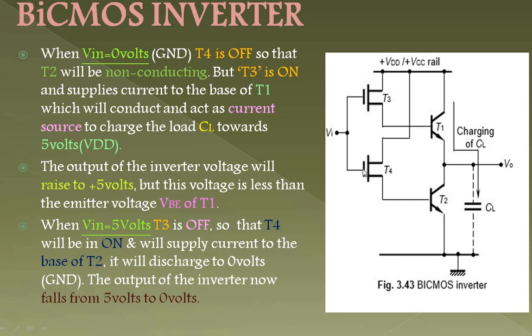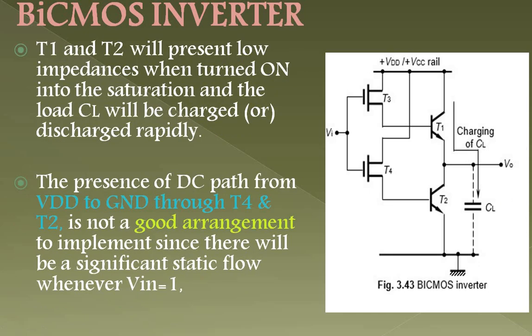Now we have Vin equals 5 volts, but it is already charged in the first region only. Now it will be in the discharging region. So how much will it be discharging? It will be falling from 5 volts to 0 volts. So what is the output you will be getting over here? That is 0 volts. You have got Vin equals 5 volts as the input, you got 0 volts as the output. So that is how your CMOS inverter will be working.